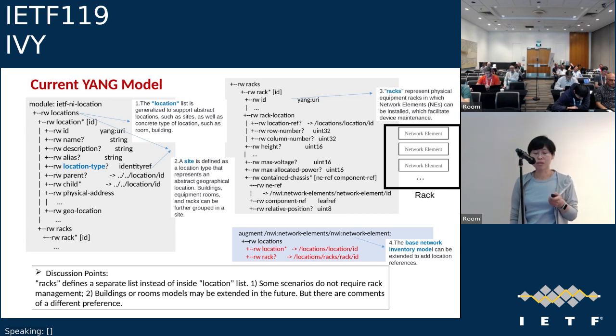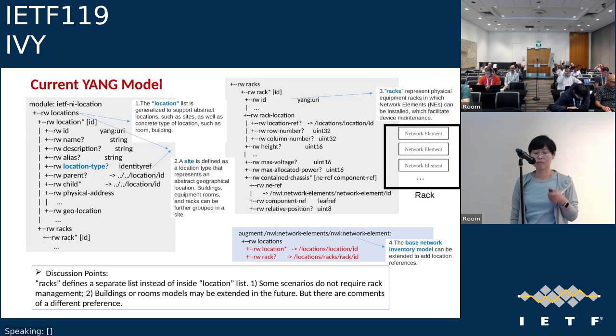This model is trying to be flexible, like the location list can apply to scenarios where the devices don't need rack place management, or the building rooms can be extended in the future if some scenarios need that.